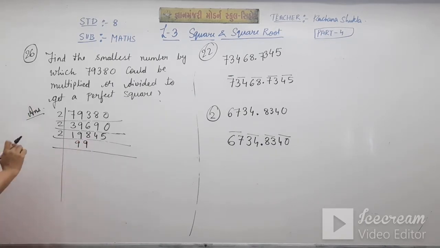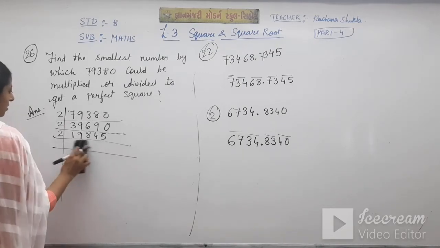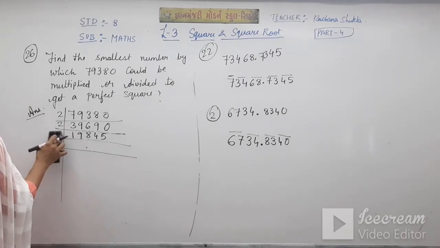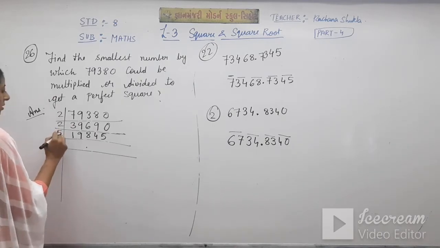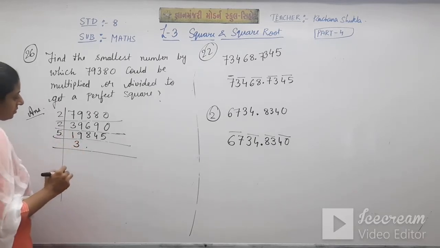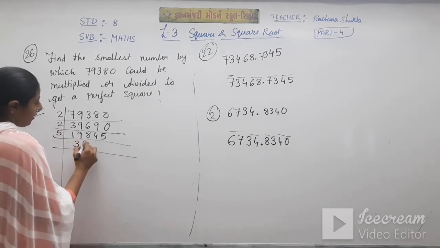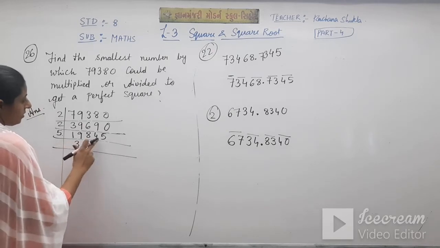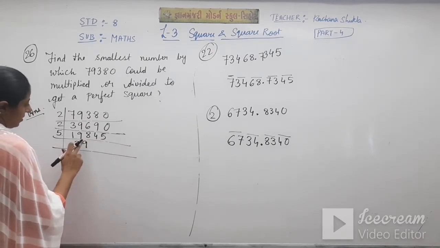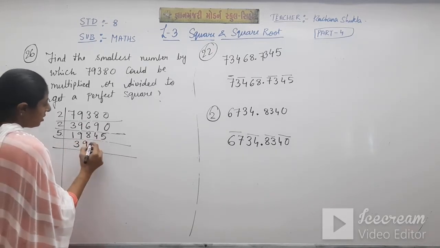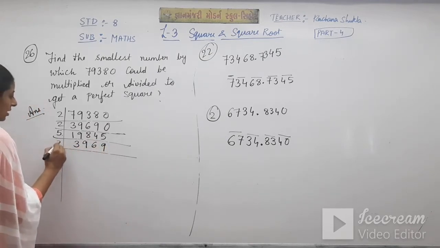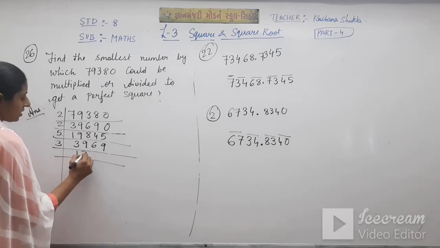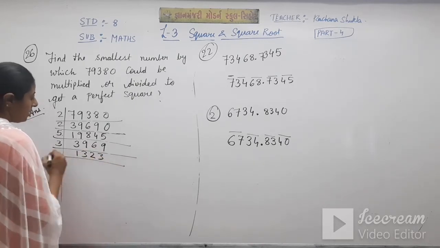Sorry, not with 2. It's 5. So starting with 5, 5 3,969s are 19,845. Then starting with 3, 3 1,323s are 3,969, 3 441s are 1,323.